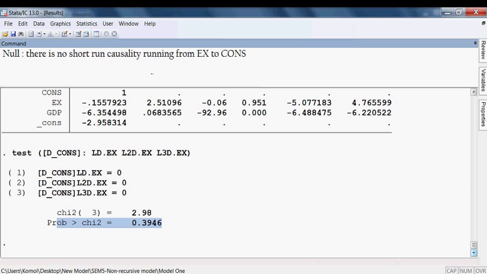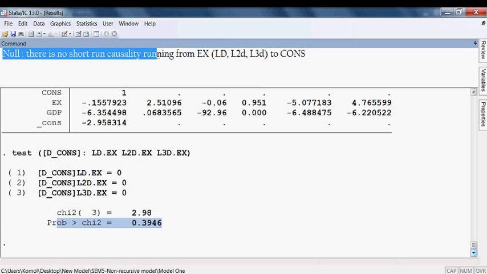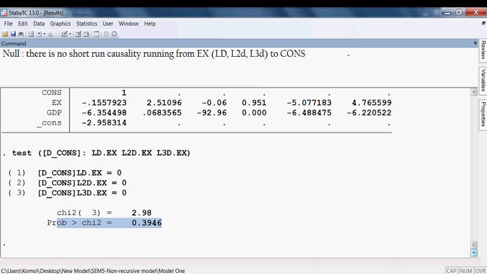There is no short run causality running from EX, but EX has three lag variables, lag 1, lag 2 and lag 3, right? From lag 1, lag 2, lag 3 to cons. That is our null hypothesis, right?